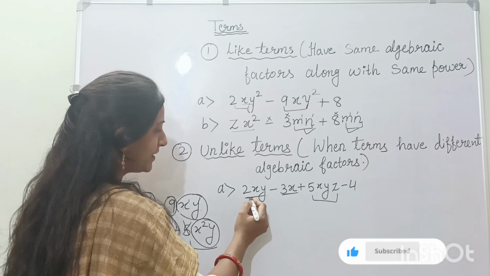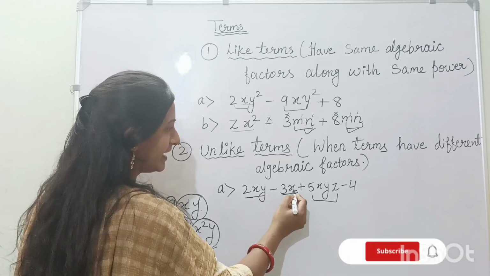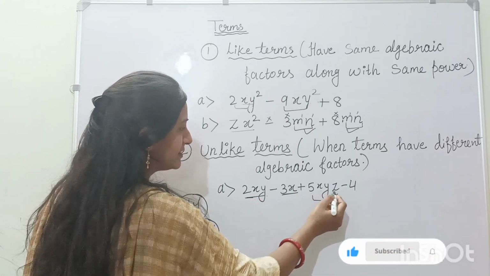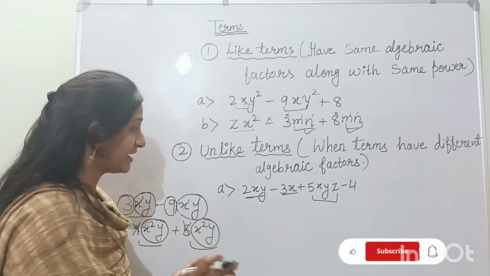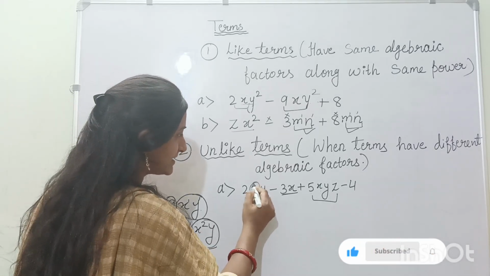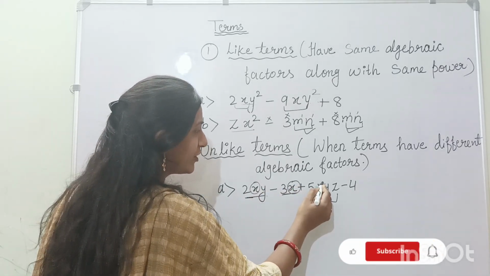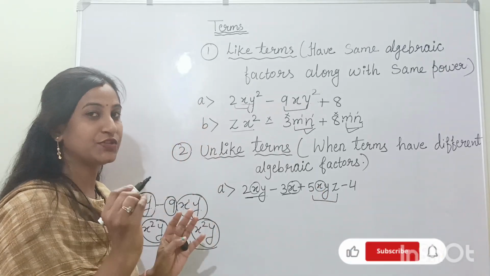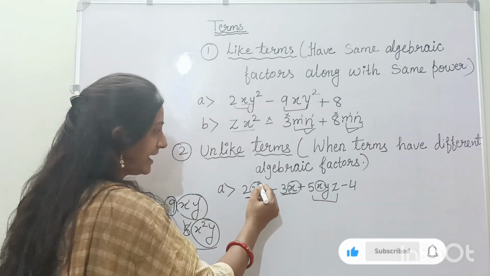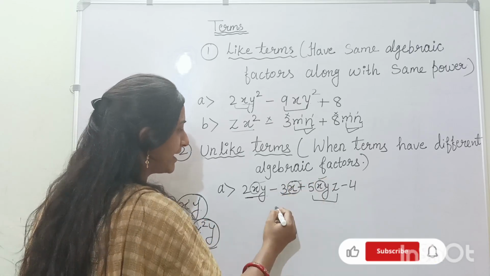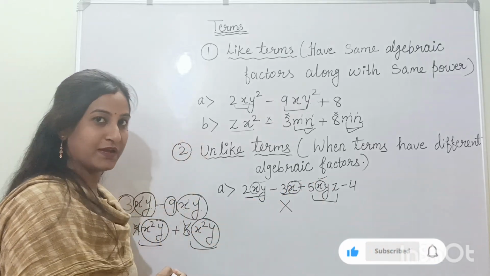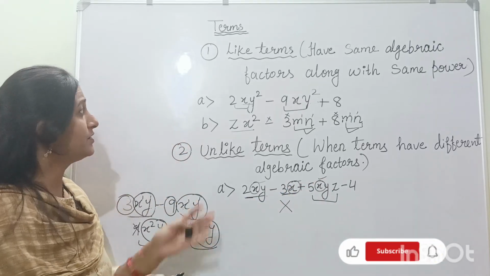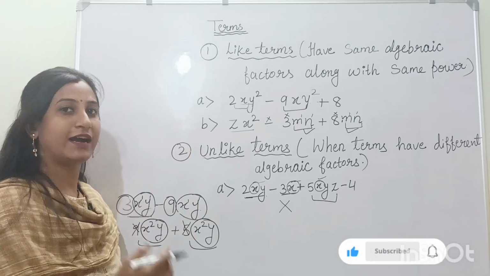No, because here xy, here x, here xyz. Even if only one factor, x, is common, they still cannot be like terms. All the algebraic factors should be the same. Here only x is common, so these cannot be like terms. I hope you understood the difference between like and unlike terms.